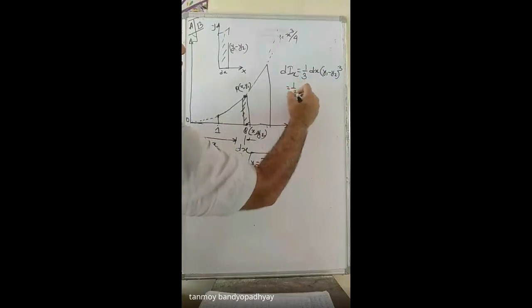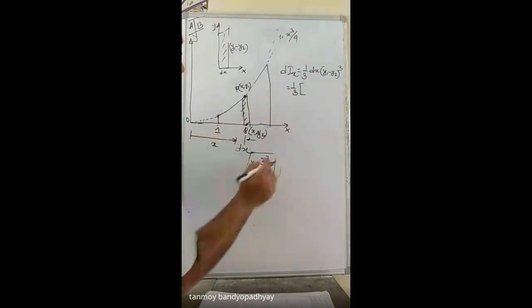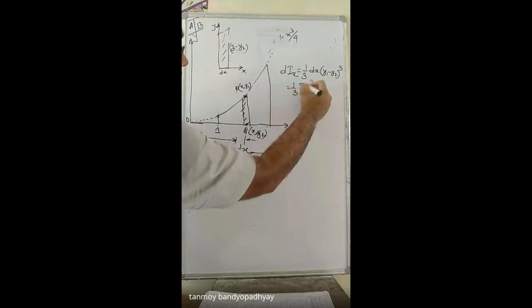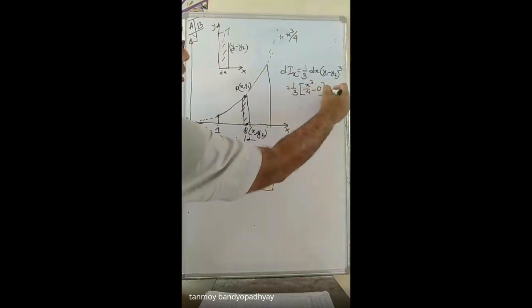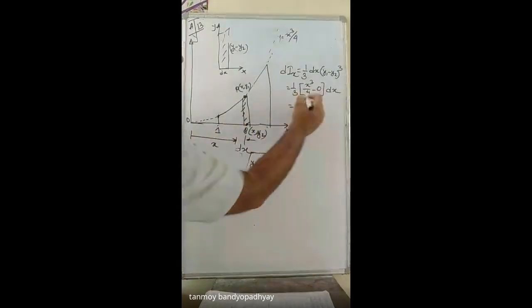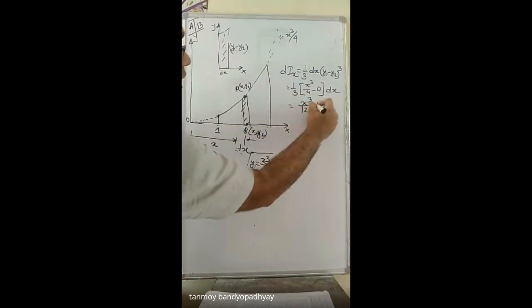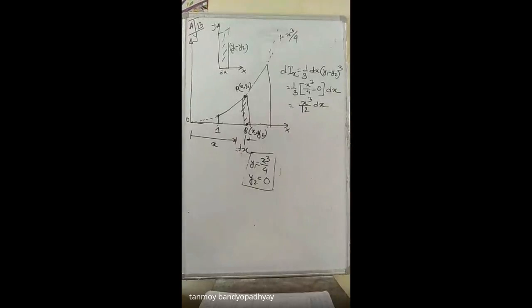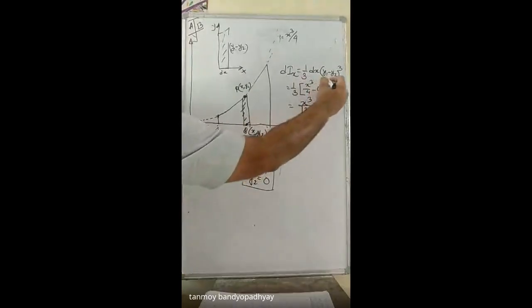y1 minus y2, where y1 is x cube by 3. So you repeat all the things that I have told, into dx. So this will be x cube by 12 into dx. All right, x cube whole cube, right?